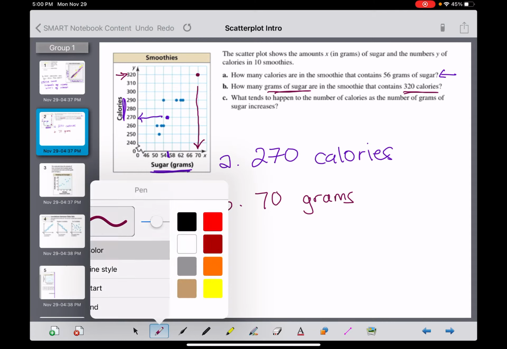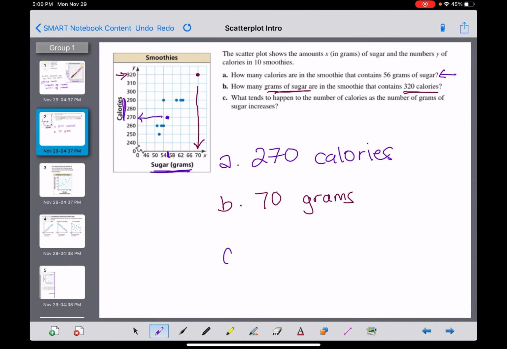Part C. What tends to happen to the number of calories as the number of grams of sugar increases? So if I look at the trend of my data and I try to draw a line that best fits again, so the same number of coordinates above that there is below, it looks like I have a positive trend once again.